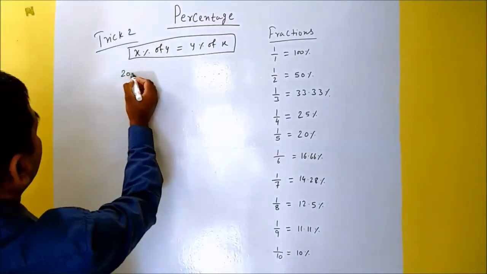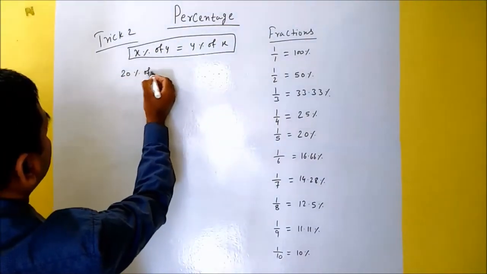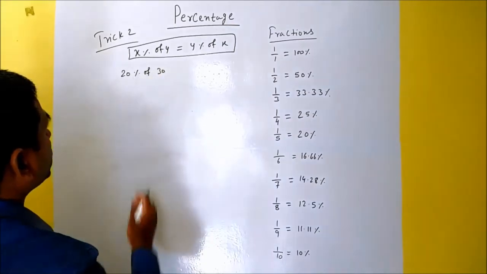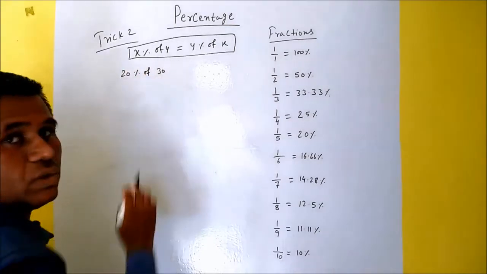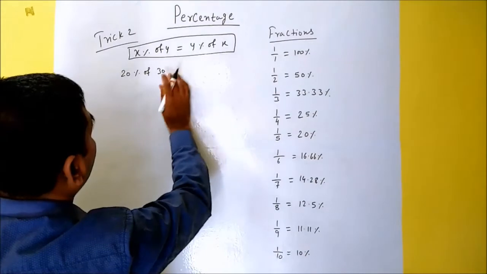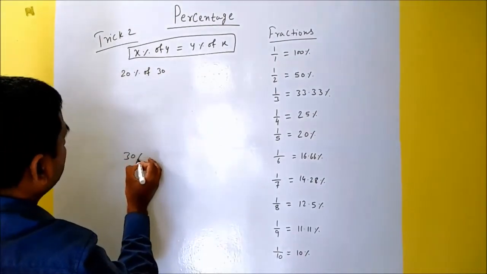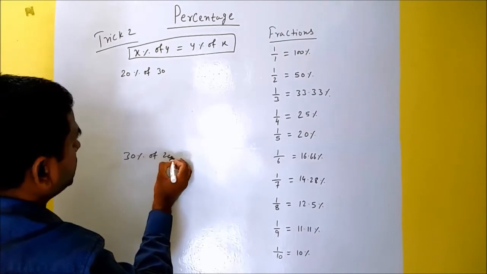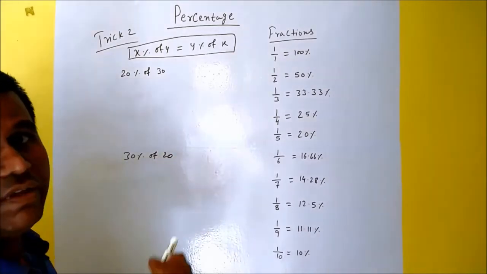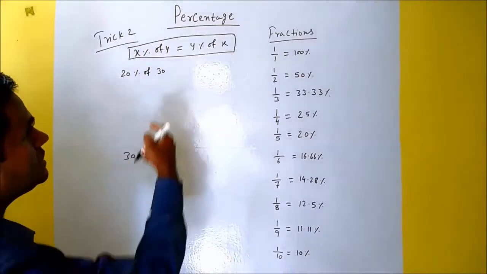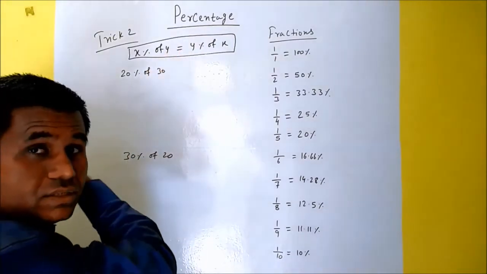For example, 20% of 30. Here x is 20, y is 30. And if we interchange this, the second one is 30% of 20. Upon solving both, we should get the same answer, then only we can say this is equal.